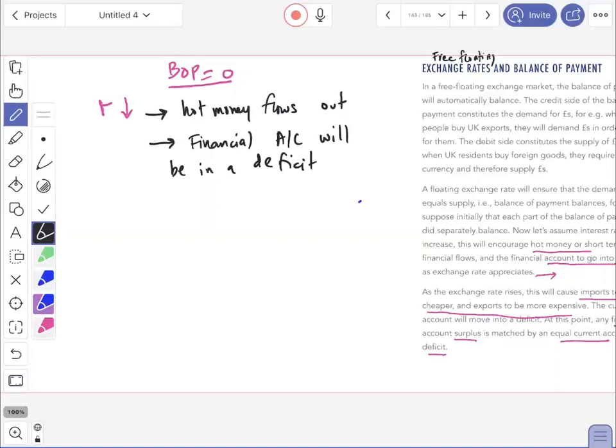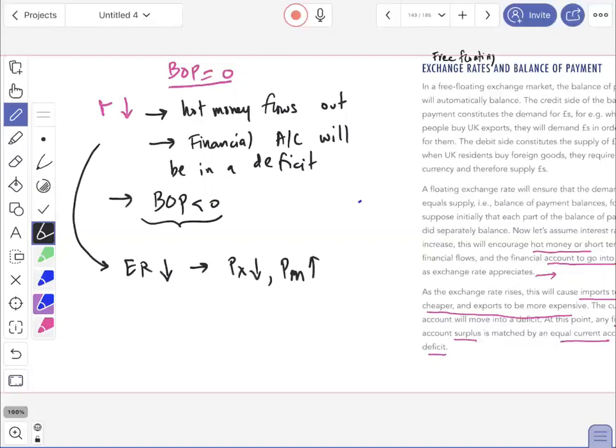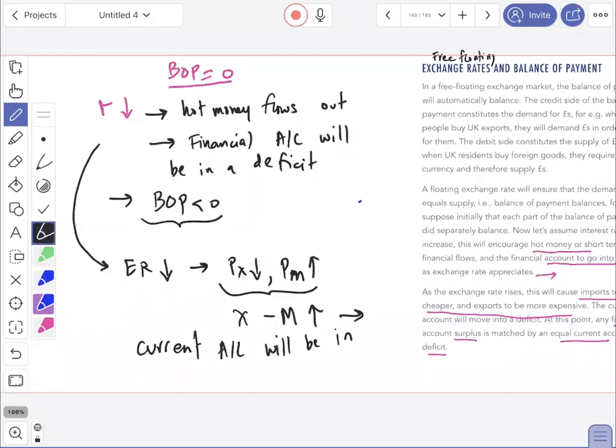When the financial account is in a deficit, your BOP is now less than zero, or negative. But because hot money is flowing out, we also know that the exchange rate will fall. And when the exchange rate goes down, exports become cheaper, imports become expensive, and your X minus M will start to go up, which means the current account will be in a surplus.